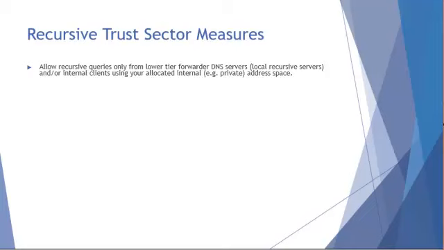So this is really where your clients are querying those recursive servers and they're going out to the internet in order to track that information down and provide it back to the resolvers. So for your recursive servers, you want to allow recursive queries only from your network.